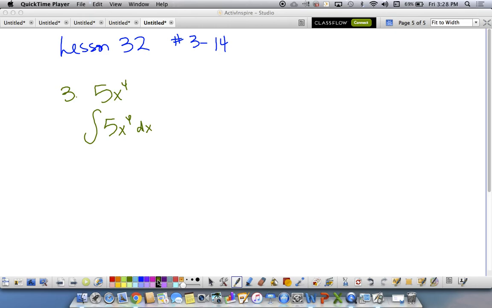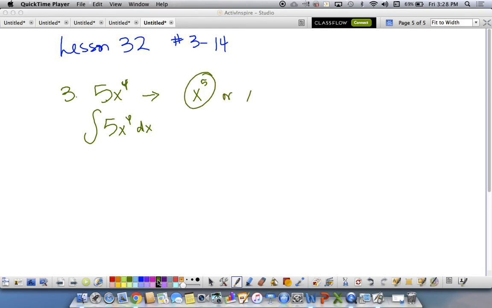We don't know the quick trick secret, but this 5 and that 4 remind me of x to the 5th. If we bring down the 5 and subtract 1, does that give me 5x to the 4th? Yes, it does.